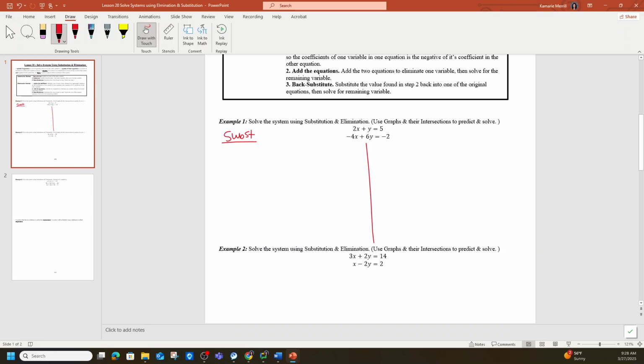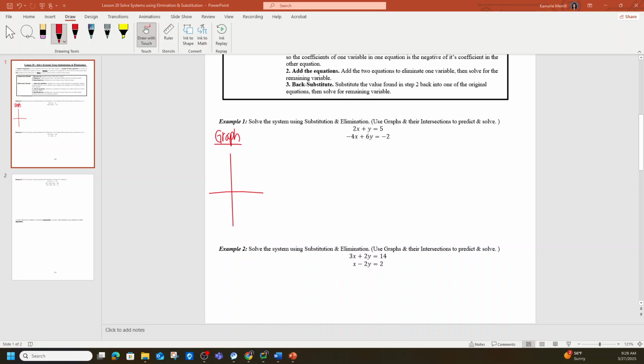Actually, I'm going to check with our graph first. Let's check with our graph and make a prediction, or try to find a solution if possible. How do you think we would sketch these on a graph? What's the easiest way to graph, if it can be? Solve for what? Y. Y is the easiest to solve for.